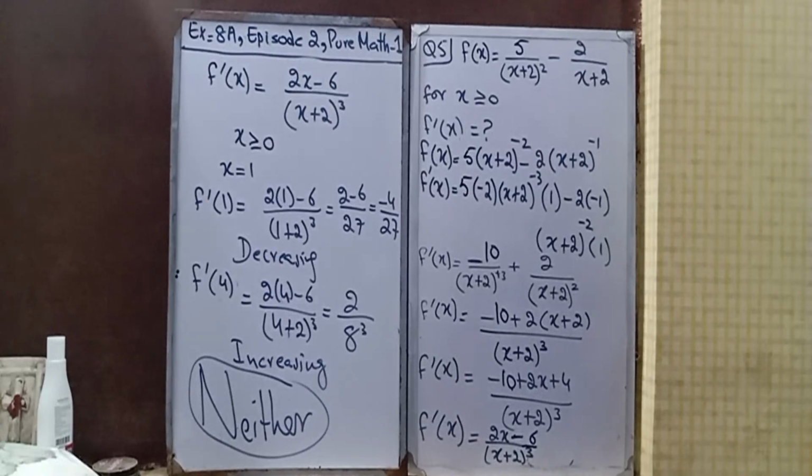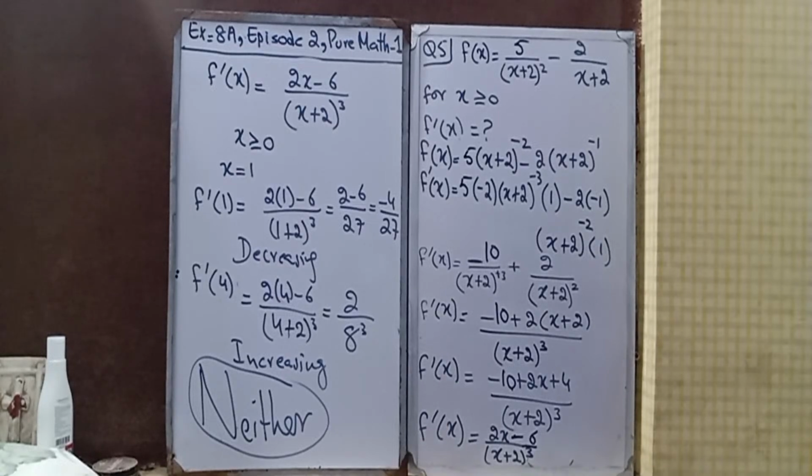When I was writing this question, by mistake, in the first fraction of the function, instead of writing 5, I wrote 2. So that's why it created a little mistake. The question was: a function is defined by f of x equals 5 divided by x plus 2 whole square minus 2 divided by x plus 2, for x greater than or equal to 0.